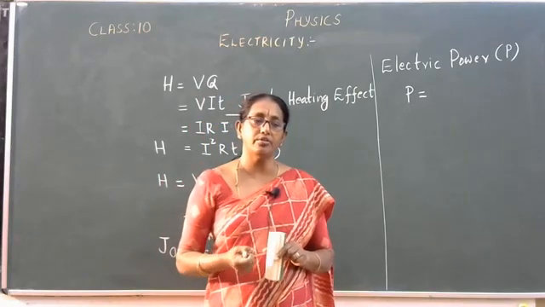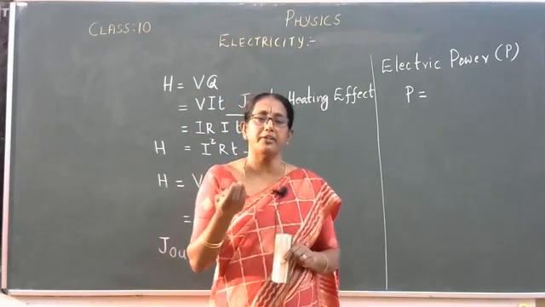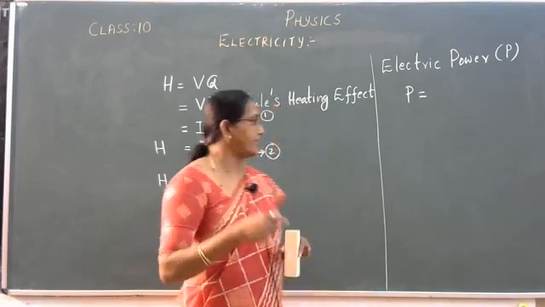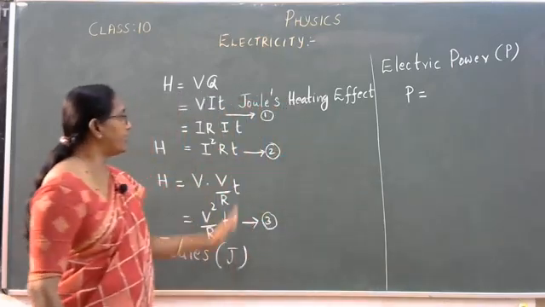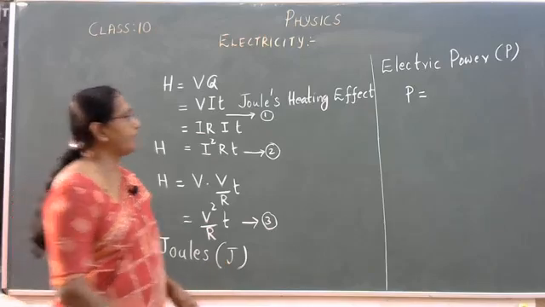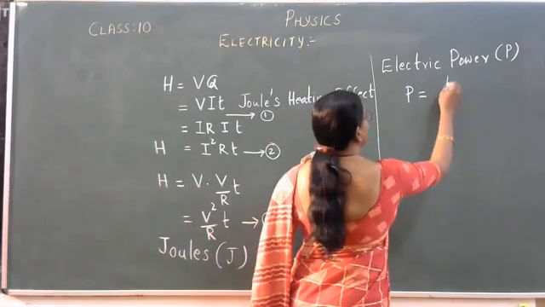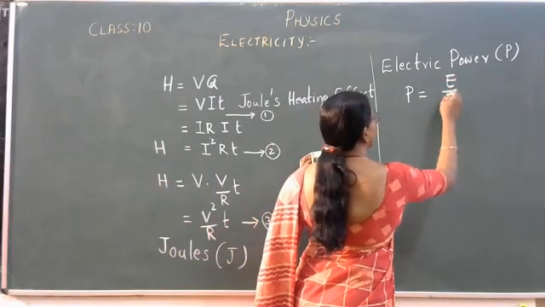Power is equal to, last year you have studied, work done by time or energy by time. So here we have derived already an equation for energy. Therefore we can say that power is equal to energy by time.